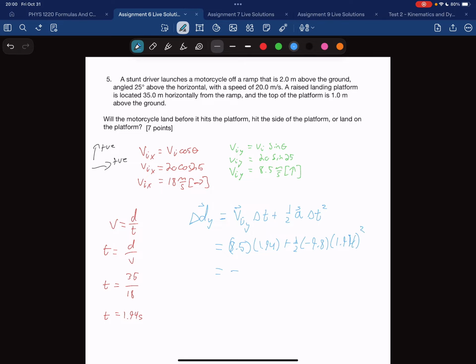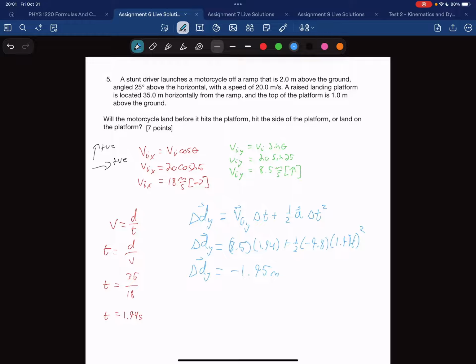Punching this into the calculator, you get negative 1.95 meters. And you might be tempted to say, oh, okay, well, it obviously can't be below the ground, or below the platform, unless it crashed through or made a crater into the earth. This answer right now is telling us that the motorcycle would land before it meets the platform.